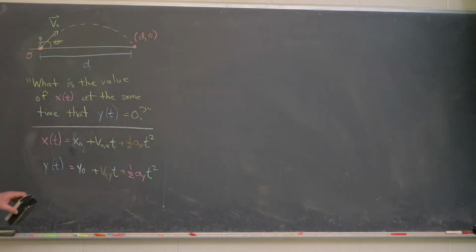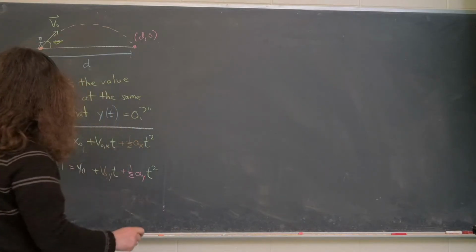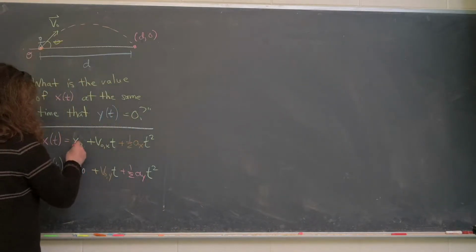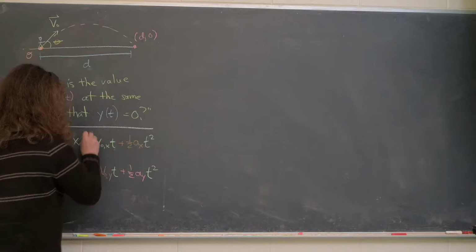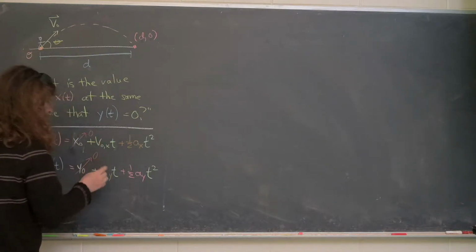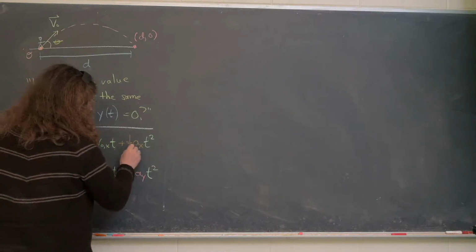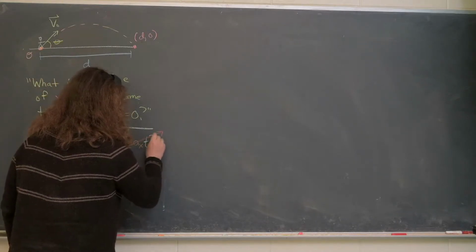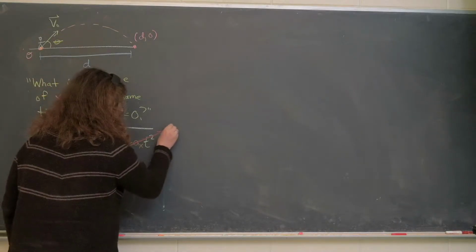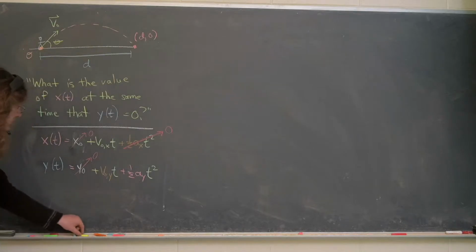So in these equations, we know that many of these terms don't matter. Since I've chosen my origin to be here, I know this is 0. I know this is 0. I also know that I'm only accelerating in the y direction.